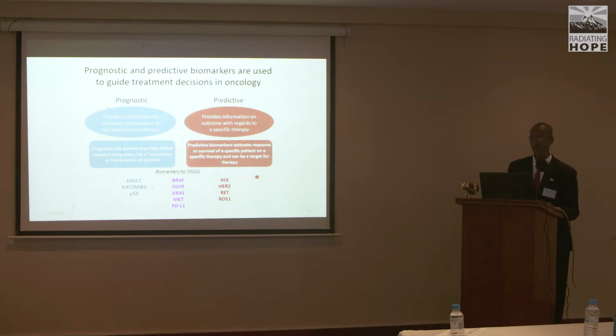Prognostic and predictive biomarkers are used to guide treatment decisions in oncology, as you may know. We, as pathologists, are providing some information on outcome independent of administered therapy, and the predictive should provide information on outcome with regard to a specific therapy.